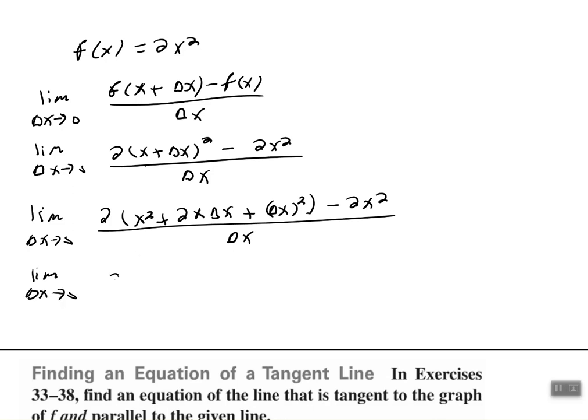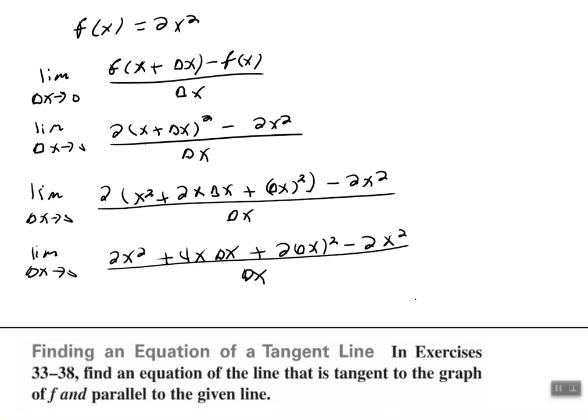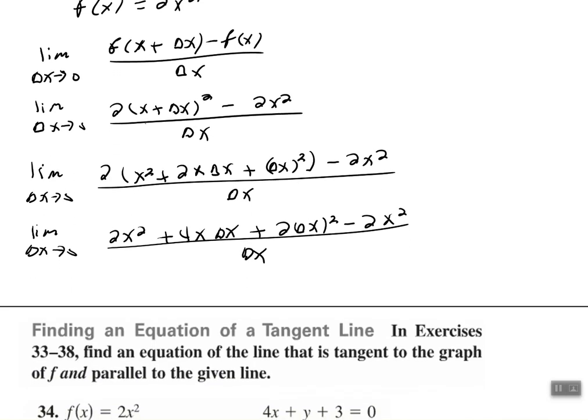And then that gives us 2x squared, use our distributive property, plus 4 times x times delta x, plus 2 times delta x squared, minus 2 times x squared all over delta x. All right, the 2x squared minus 2x squared cancels out. Looks like I can factor out a delta x.